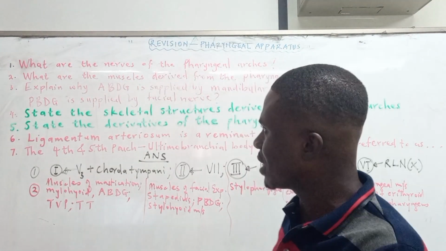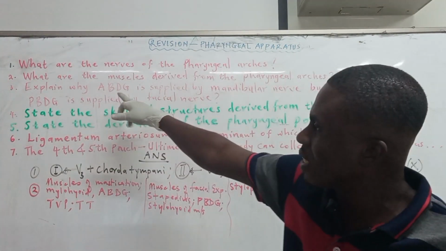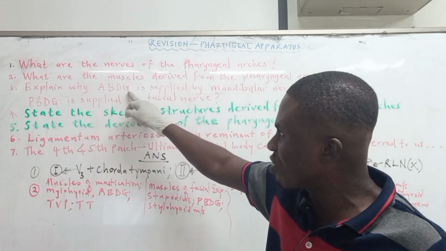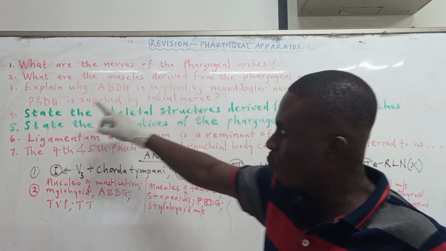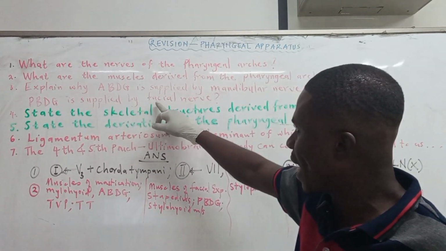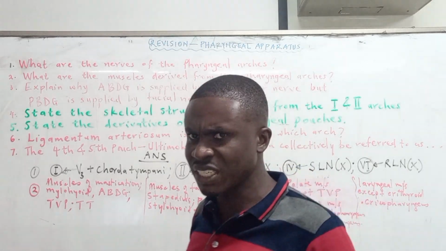Now the third question says, explain why the anterior belly of digastric muscle is supplied by the mandibular nerve, but the posterior belly of digastric muscle is supplied by the facial nerve. My friends, the reason is simple.